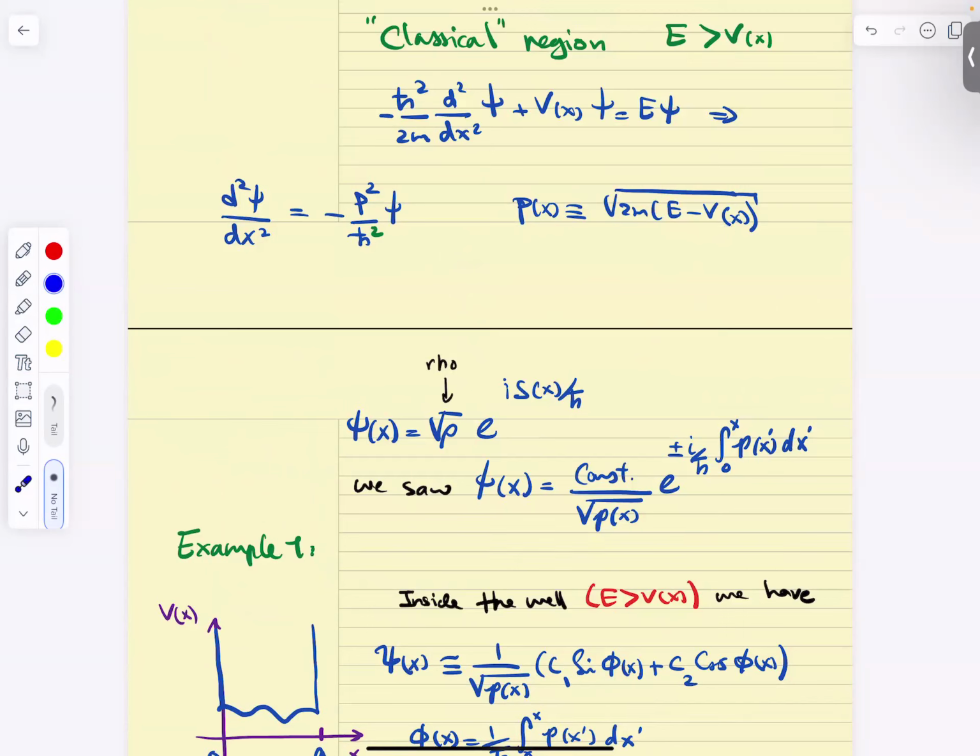Because when E is larger than V of x, you're in the classically allowed region 2. In regions 1 and 3, E is less than V of x, so it's classically forbidden. At those points, this becomes 0. In the region 2 solution, this was the oscillatory phase that goes to 0, right?